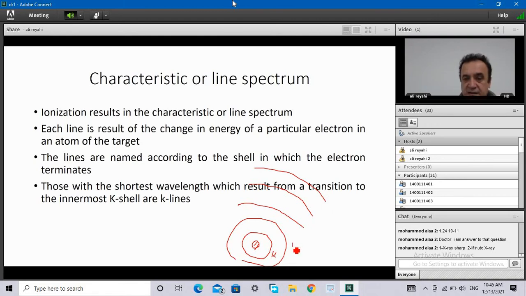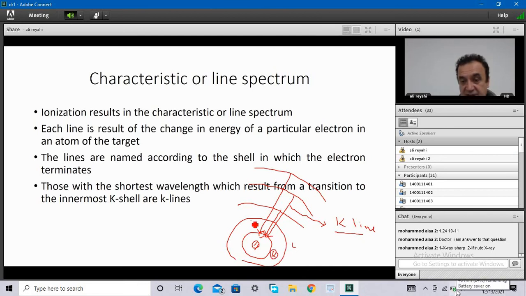When we have an empty space in K and an electron from an upper layer comes to the K shell, the X-rays are named K-line X-ray, according to the shell in which electrons terminate.